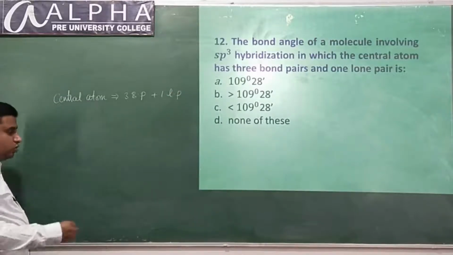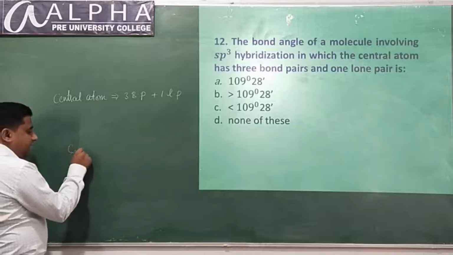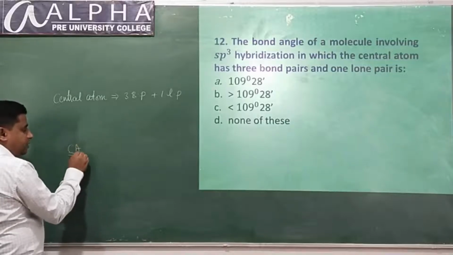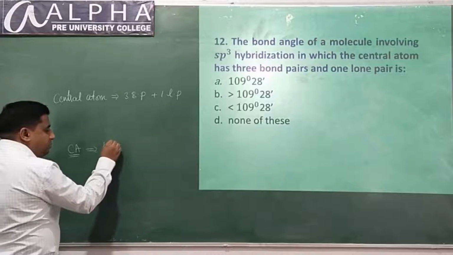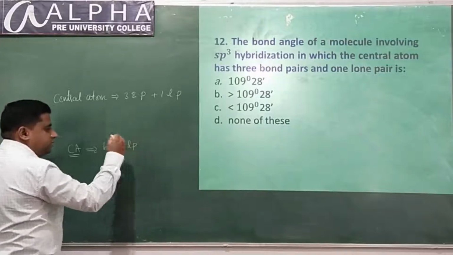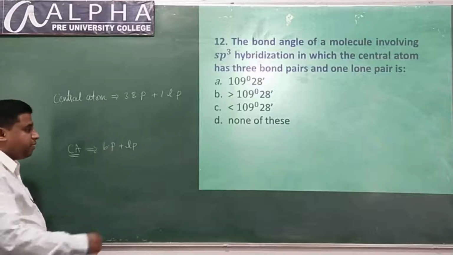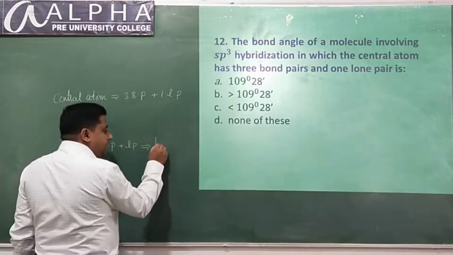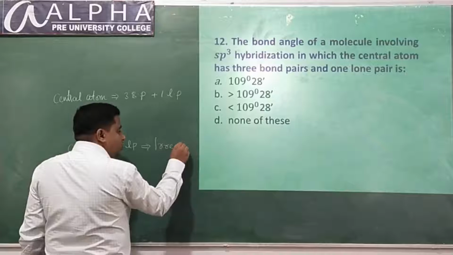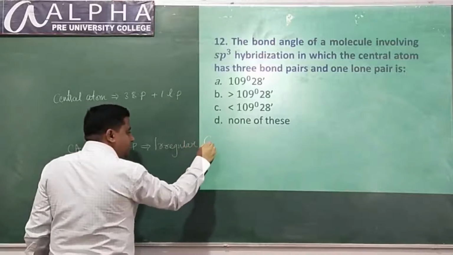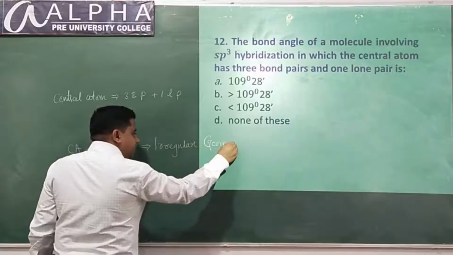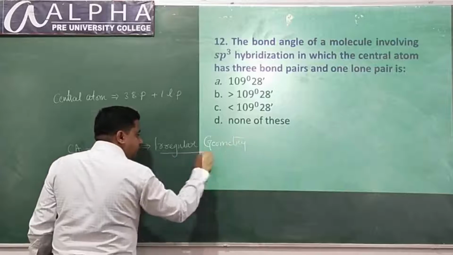See, students, I have told you, if the central atom is surrounded by both bond pairs and lone pairs, we call it irregular geometry.